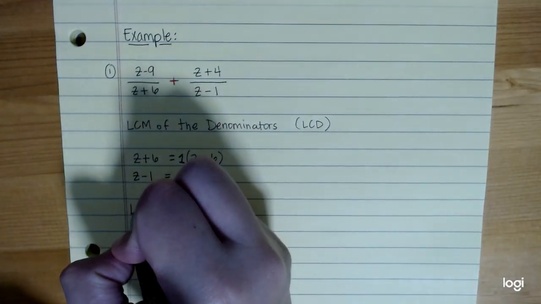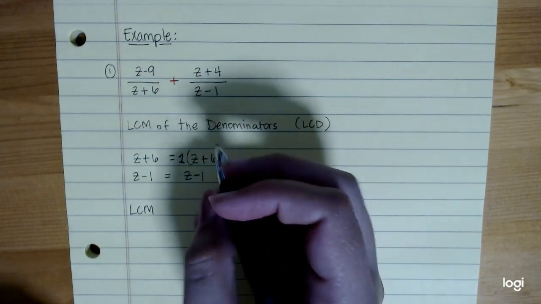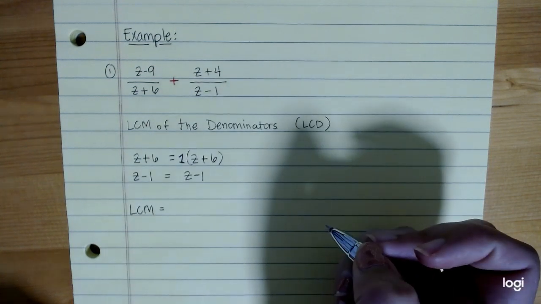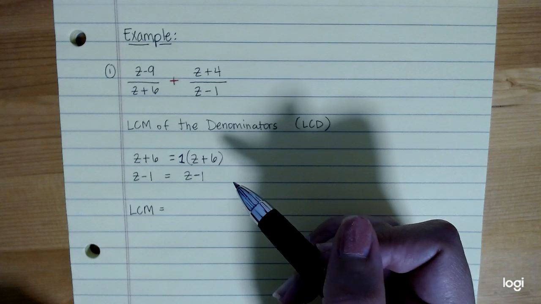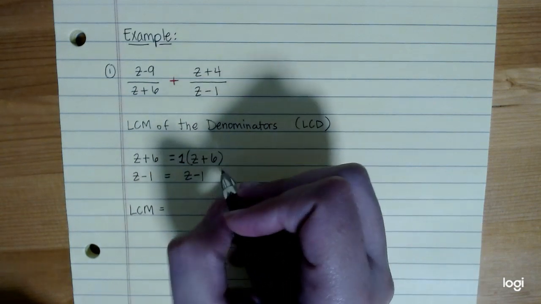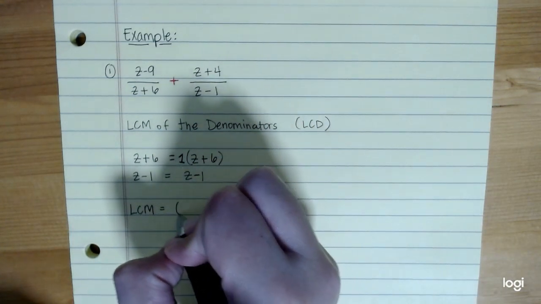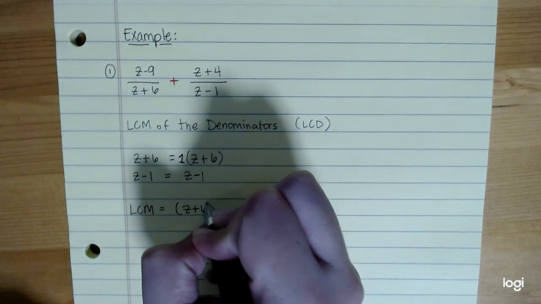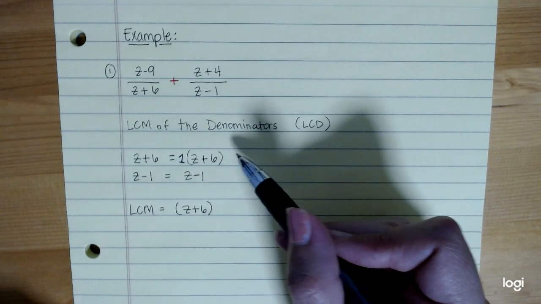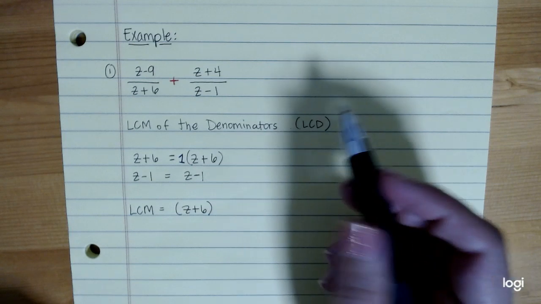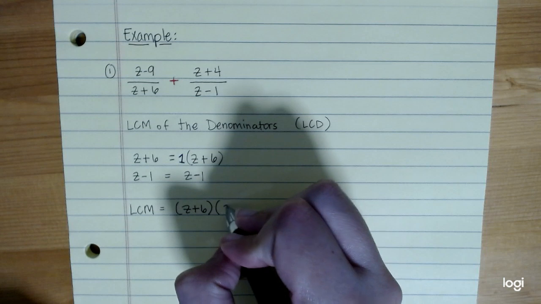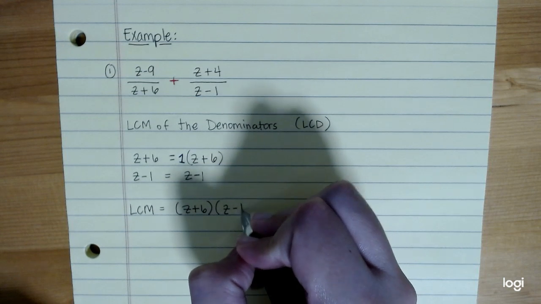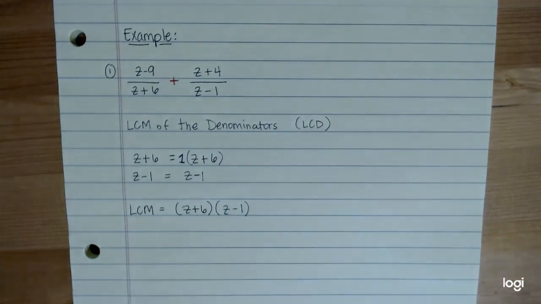So if we go back to how do we find the LCM, remember we take the observed factors in either factored form. So I see a factor of z plus 6, and it occurs at most 1 time. So I record it 1 time. And then I see a factor of z minus 1 in the other factored form, and you could call it its prime factorization if you wanted to.